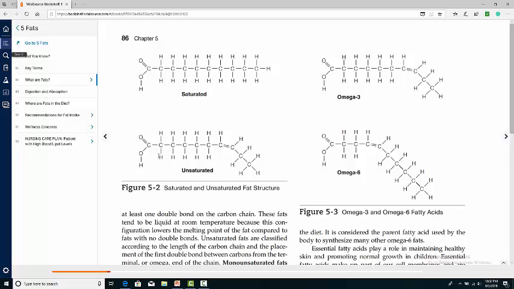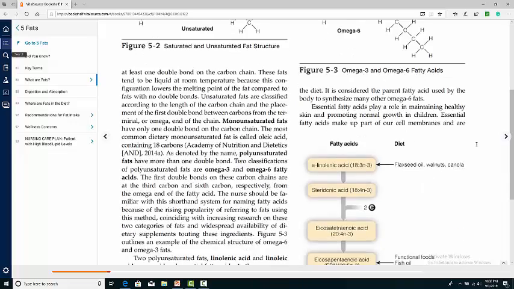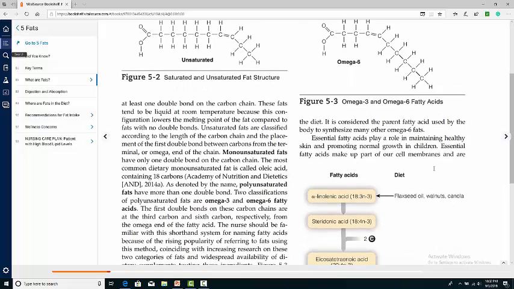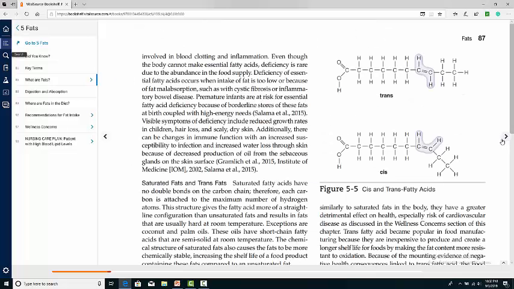You can see that these unsaturated fatty acid chains are bendy. What a great word, right? But it works. And that the saturated are much more rigid. You can see the omega-3s and the omega-6s are bendy, so they are obviously a category of unsaturated fats. And again, it explains all of that in detail.